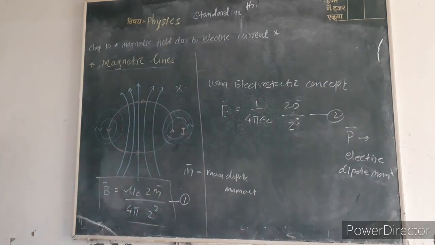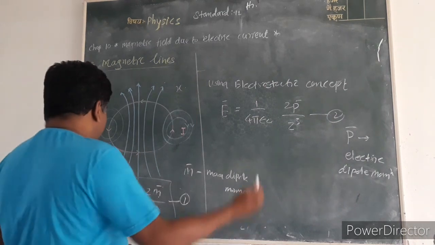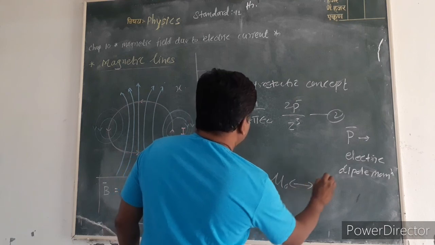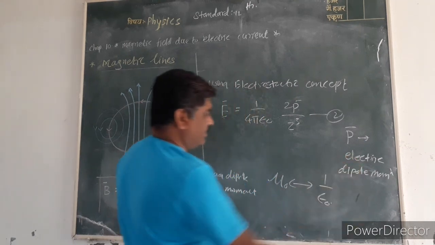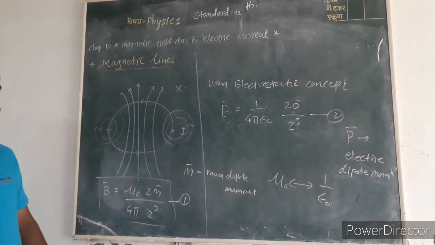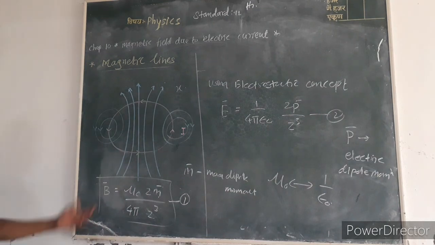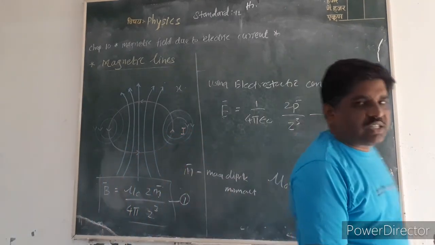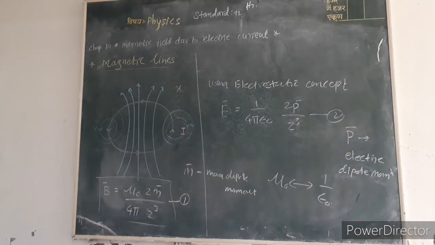Hence we get the analogy of these two equations. This mu 0 is analogous to 1 upon epsilon 0. This mu 0 is a constant for the magnetic field, and epsilon 0 is a constant for the electric field.